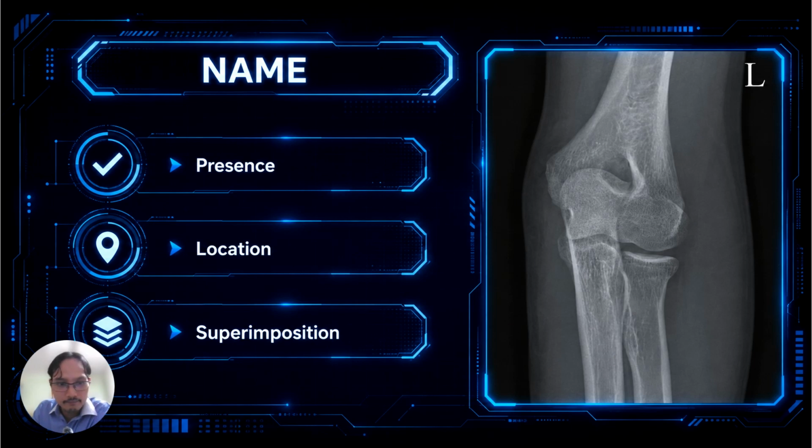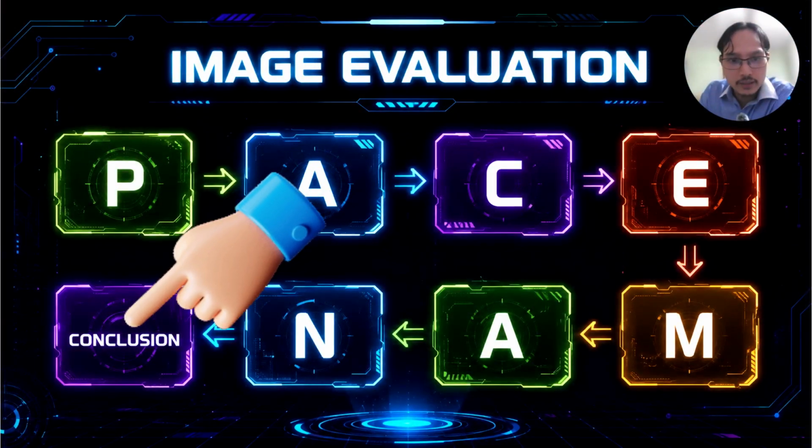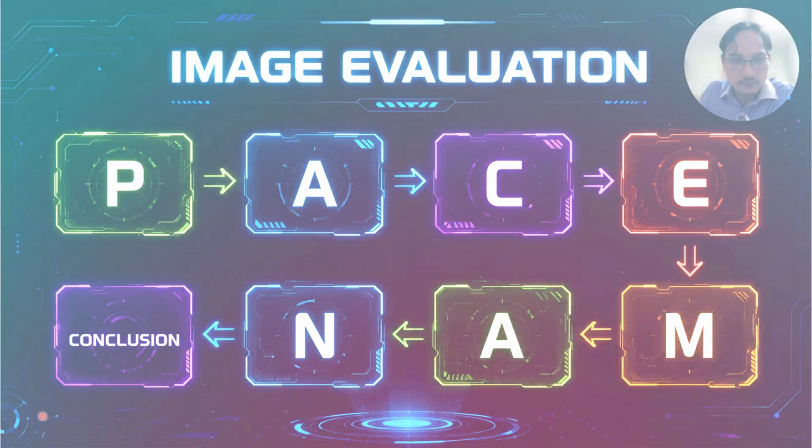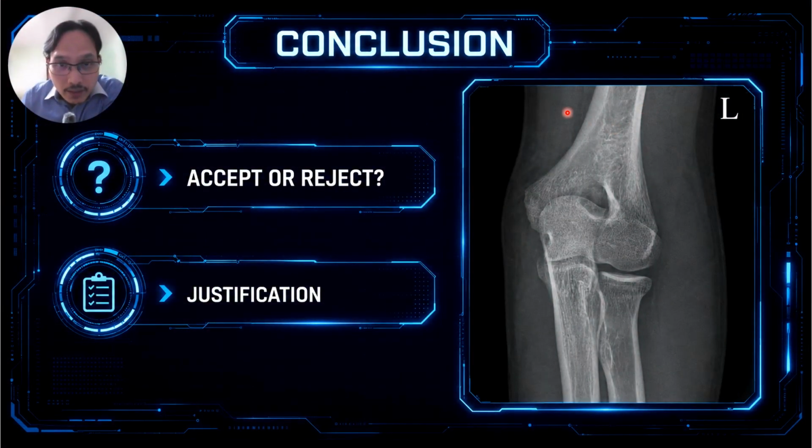Conclusion: Based on the placement evaluation performed, this radiograph should be rejected for several reasons. Firstly, there is no patient name, identification number, examination date, or examination location.